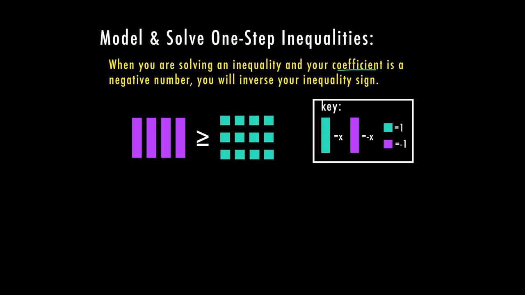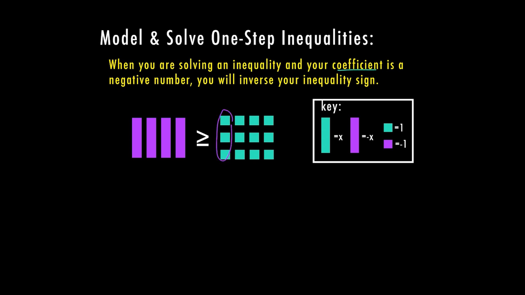So this problem has 4 negative x's on the left side and 12 positive ones on the right side. So I know that 4 negative x's are greater than or equal to 12 positives. I'm going to split these 12 ones into 4 groups. And so in order to make 4 groups, I'm going to need 3 in each group.